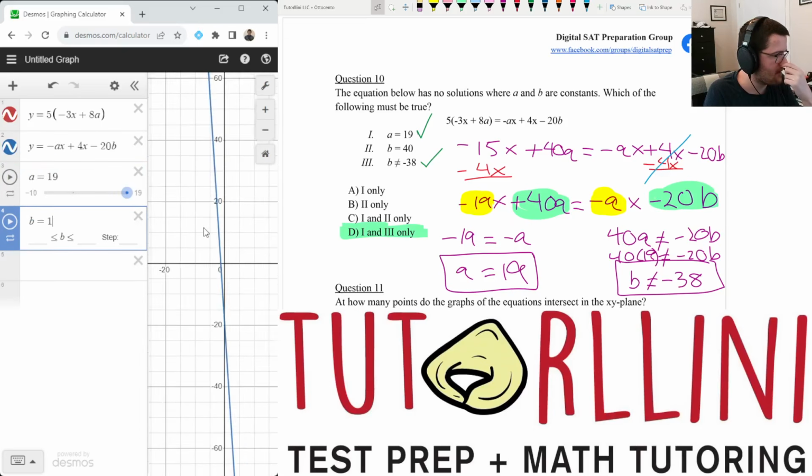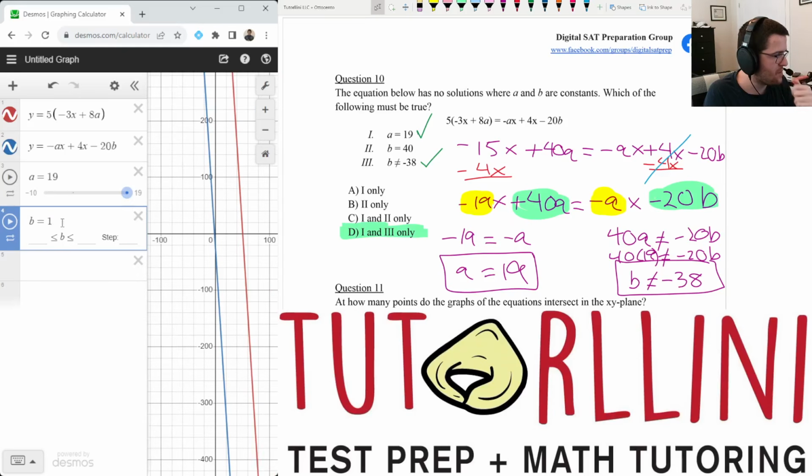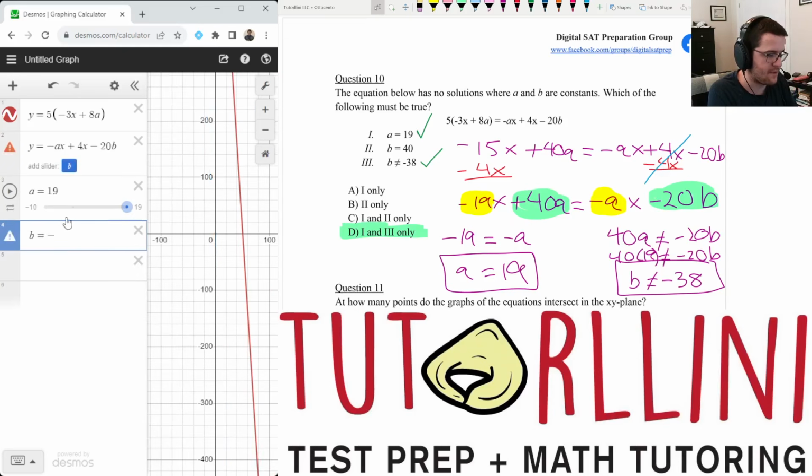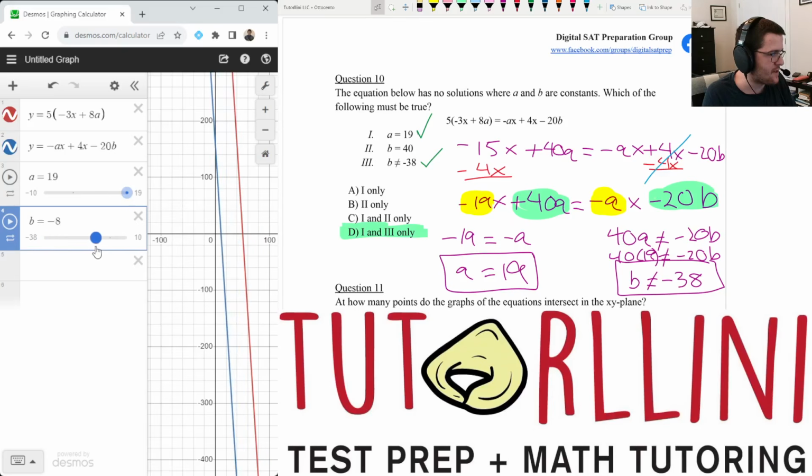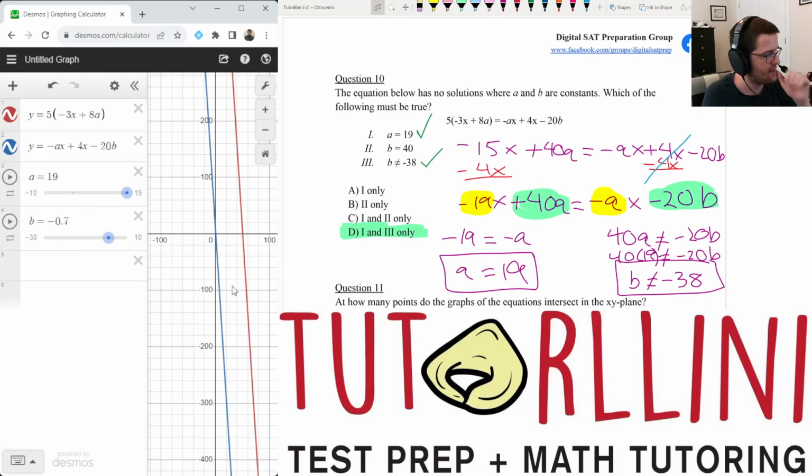And b cannot be equal to negative 38. So when we have b equal to negative 38, we get infinitely many, but we don't want infinitely many because this is a no solution question. You see, if we move the slider, see how it's just moving away? That means we did a good job. So this would give us no solution. So just anything besides negative 38 is valid. All right, great. Let's go back over here.